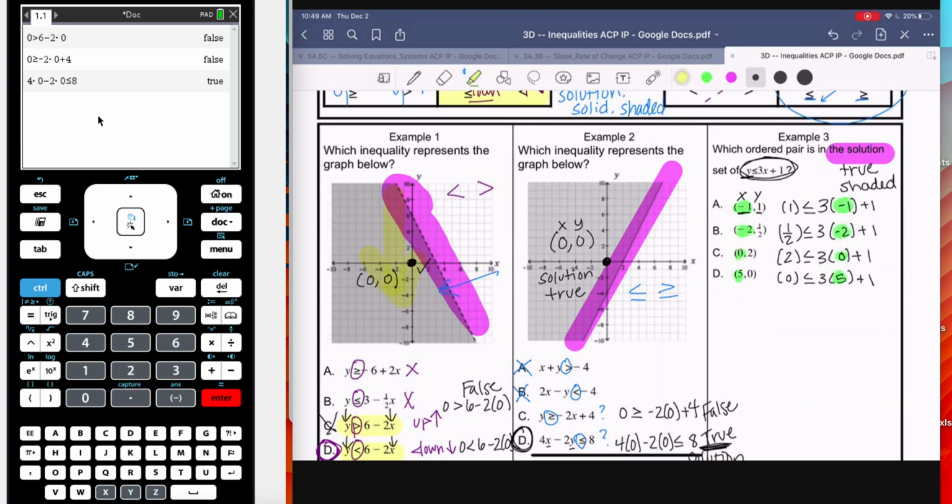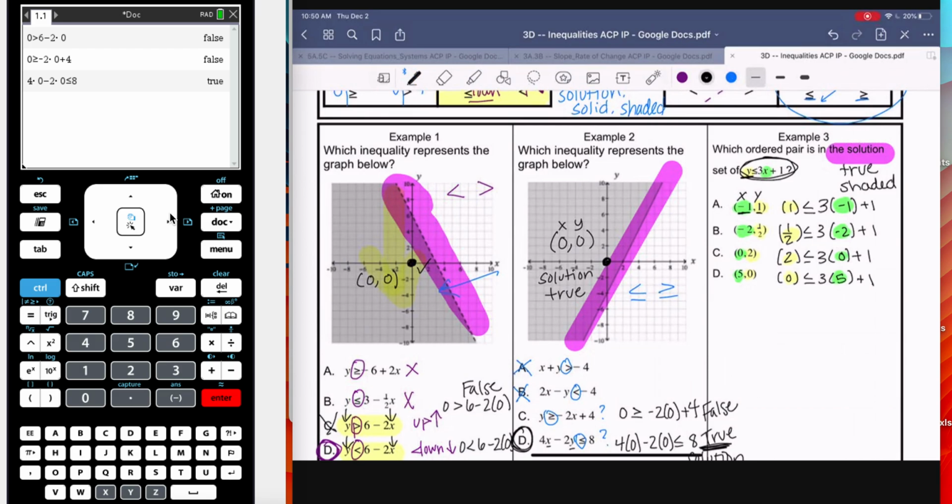I'm substituting my x and y into the equation where the x and the y are. Now I can use my calculator to check to see if these are true or false.